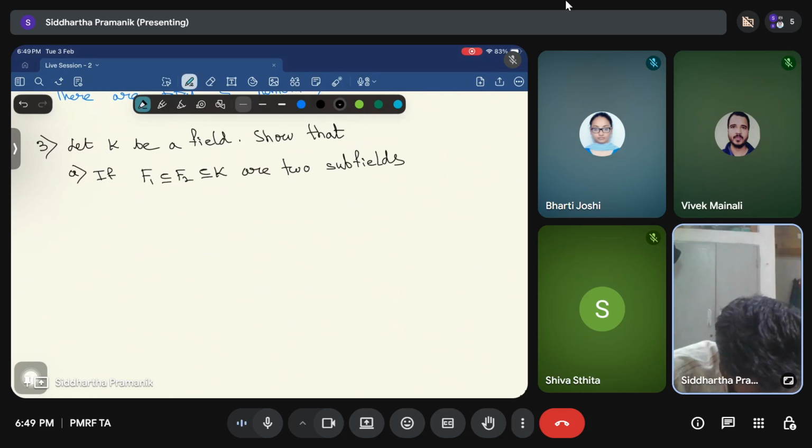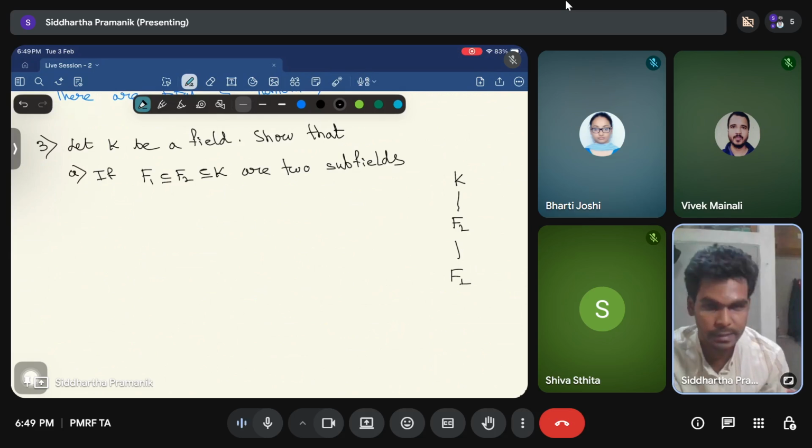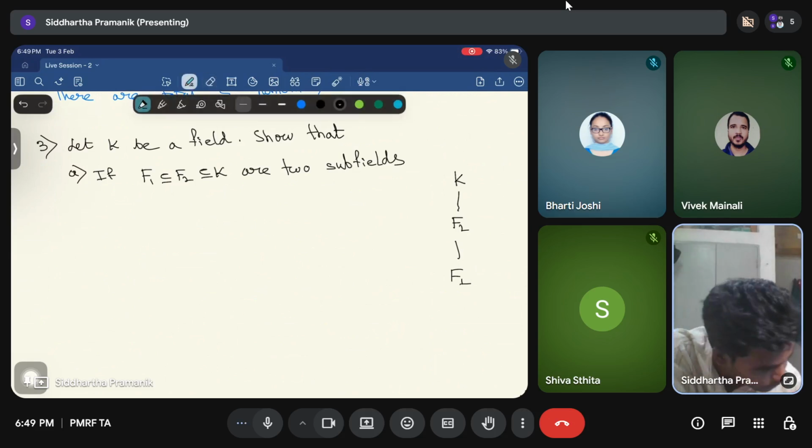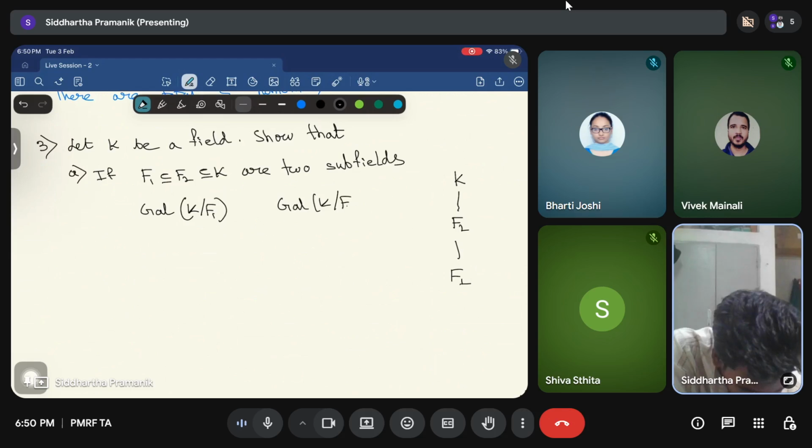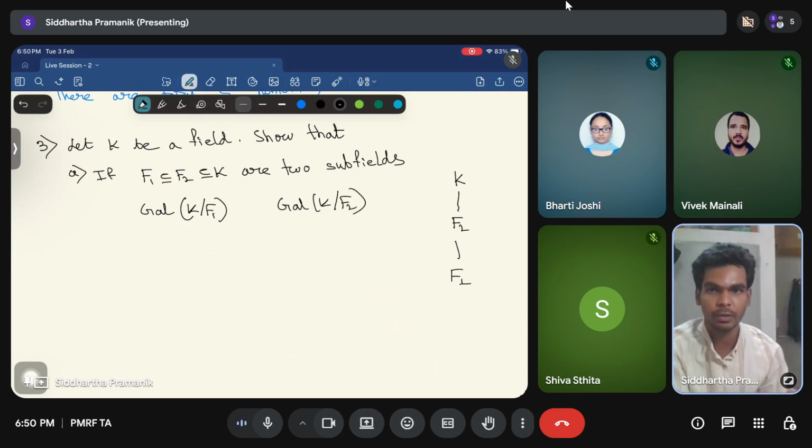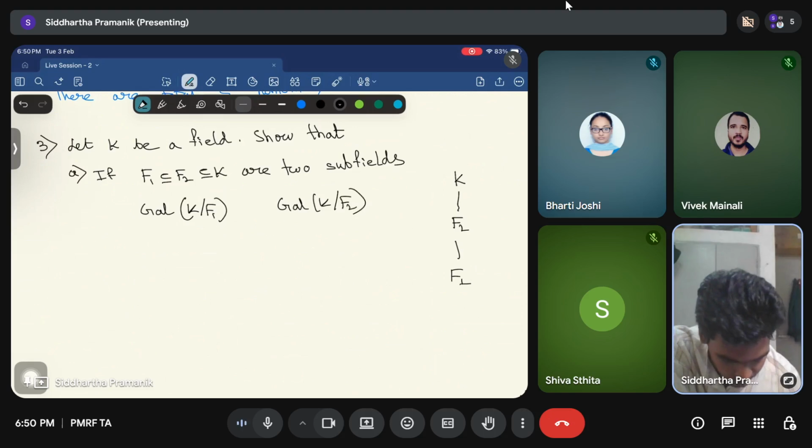Here we have K, here we have F2, here we have F1. We can consider the Galois groups of this extension. You can consider the Galois group of K over F1 and the Galois group of K over F2. Then what will be the relation between these two? This is the first thing.